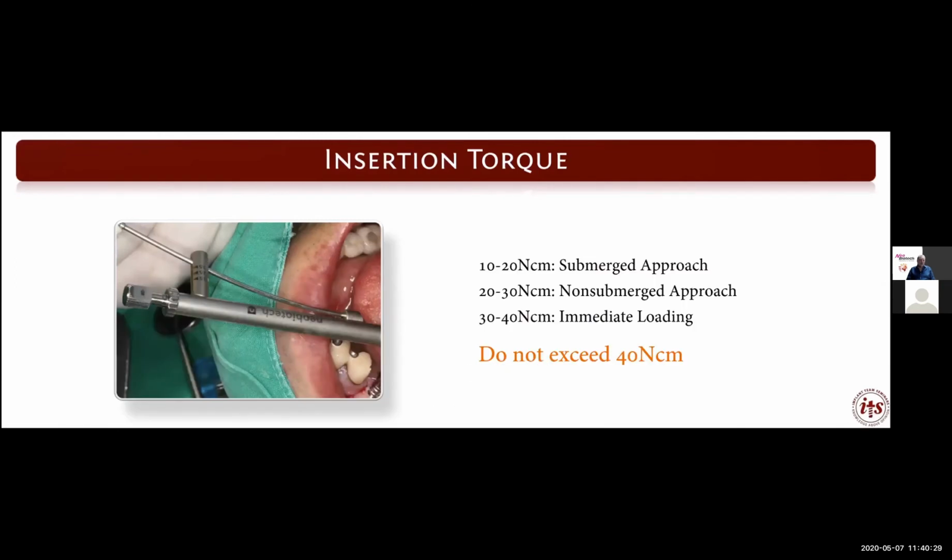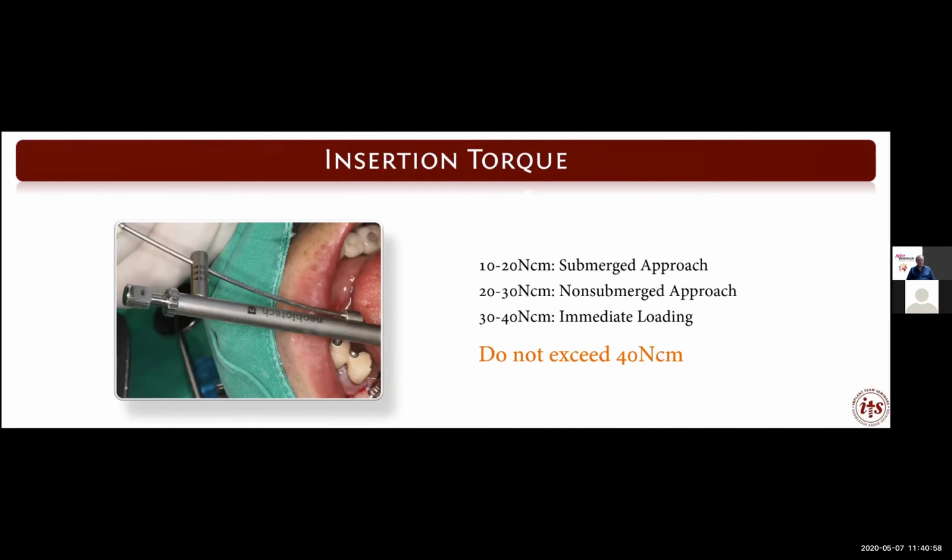Now, depending on the torque value of placing the implant, we'll decide whether we're going to be placing a cap screw and letting it heal, putting on a healing abutment, or placing a crown restoration for immediate load. So if I am placing an implant and the torque value is 10 to 20 Newton centimeters, I'll usually submerge the implant, let it heal, and come back later to put on the healing abutment.